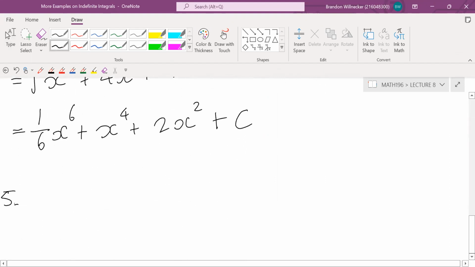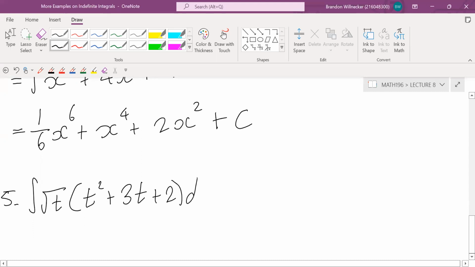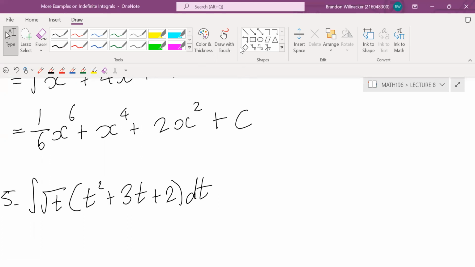Okay, number 5, we have the integral of the square root of t times (t squared plus 3t plus 2) dt. Now, like I said before, the variable that we use doesn't really matter.